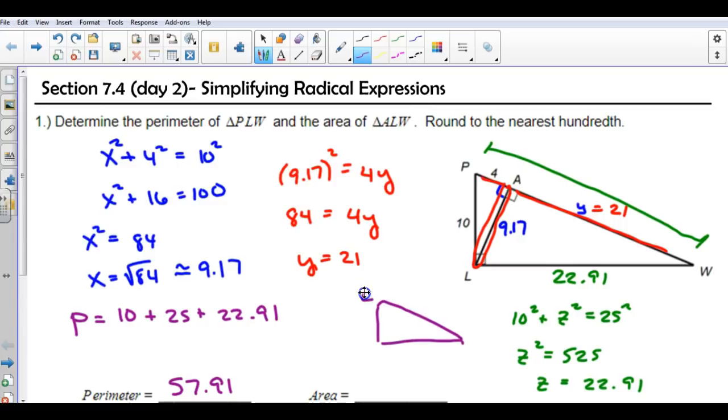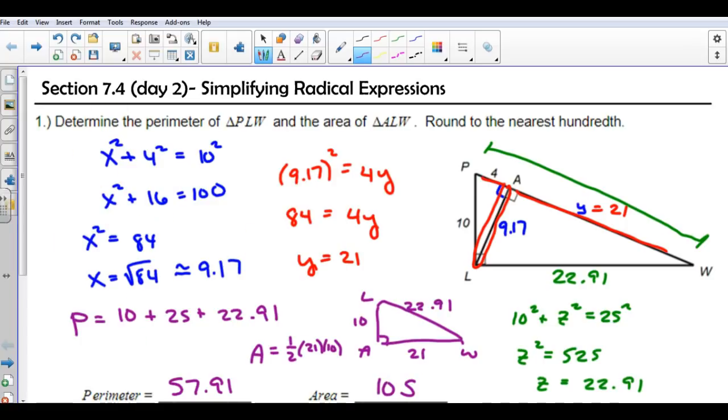LW is my hypotenuse, and that's the 22.91, which we're not actually going to use for our area calculation. This would be AL going up here, and that would be a length of 10, and then this would be 21. The area formula that we use is 1/2 the base, which is 21, times the perpendicular height, which is 10, and that's going to end up giving me an area of 105 units.